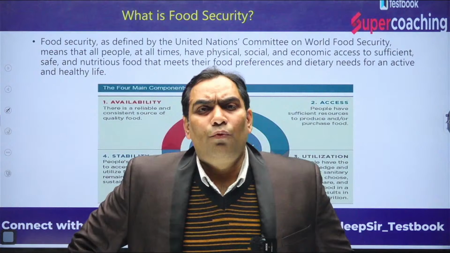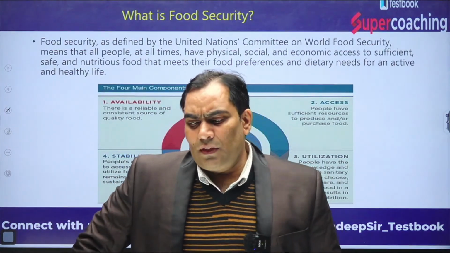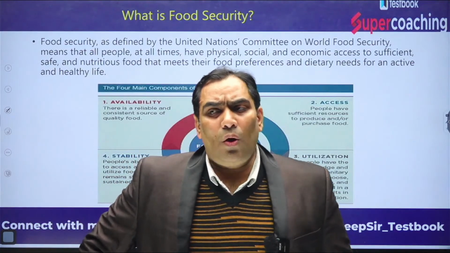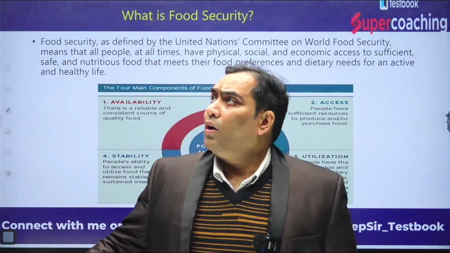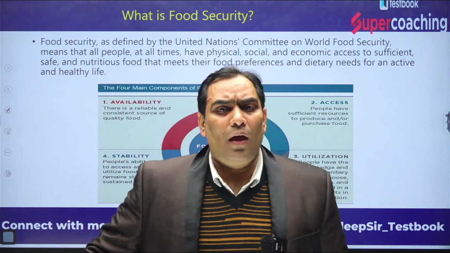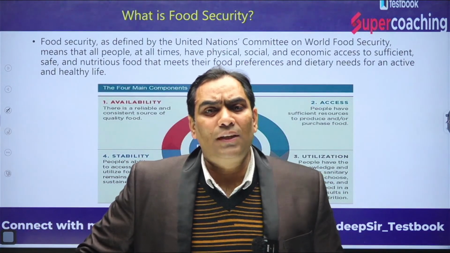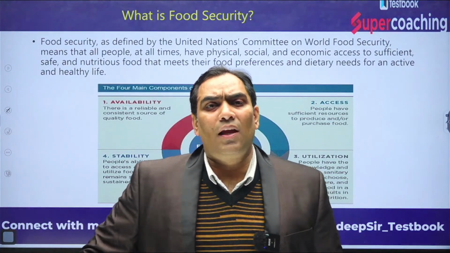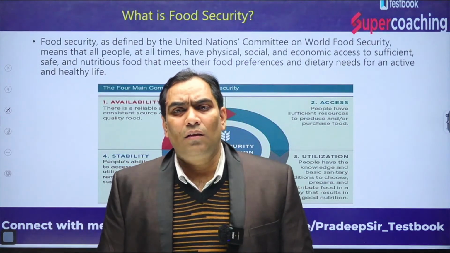And for what? For a healthy and active life. In order to live a healthy and active life, all the people, all the time, should have physical, social, and economic access to sufficient, safe, and nutritious food that can meet their food and dietary preferences. That is known as food security.